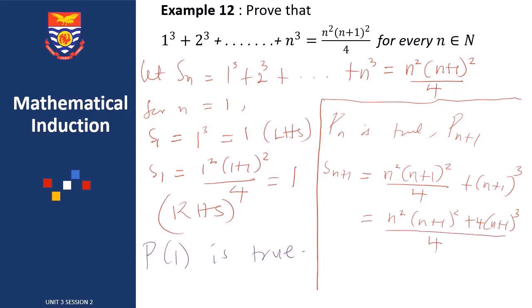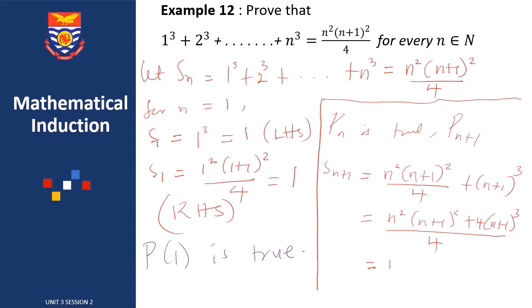Good. By simplifying this, you factor n plus 1 squared out, and then you factorize n squared plus 4n plus 4.